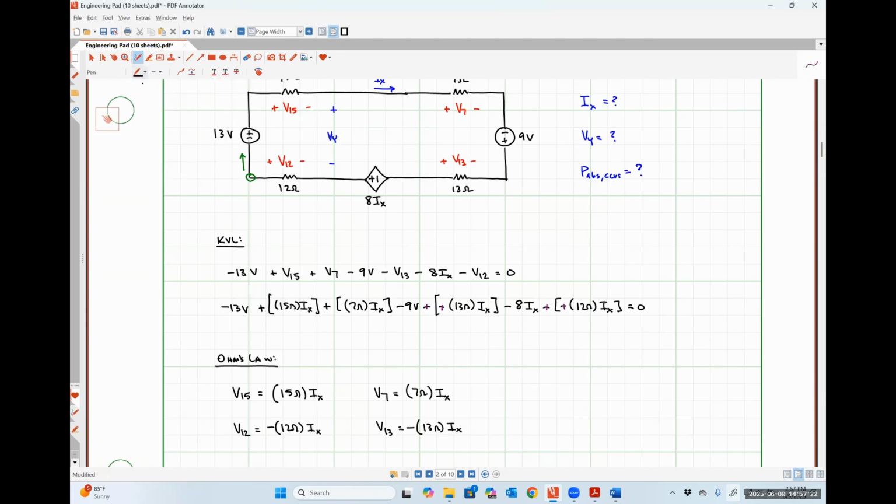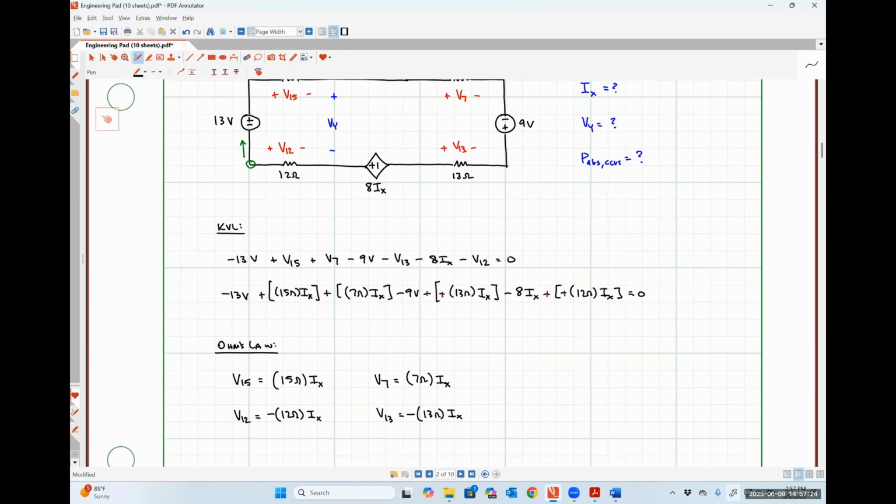So I wind up having a grand total of, let's see, 15 plus 7 is 22, plus 13 is 35, minus 8 is 27, plus 12 is 39. So that's going to look like 39 ohms times IX.